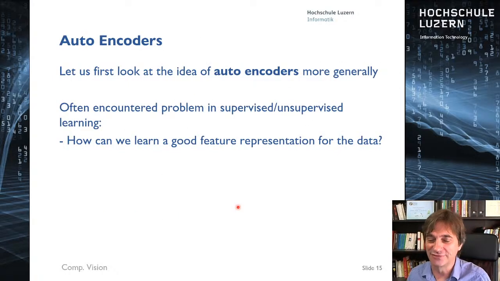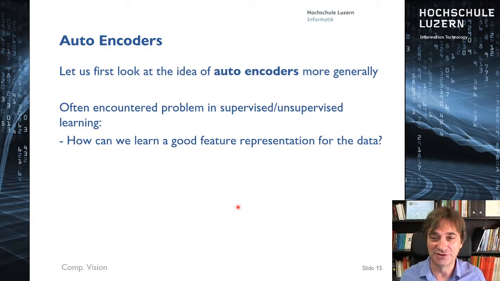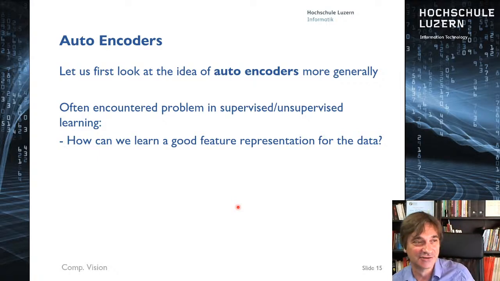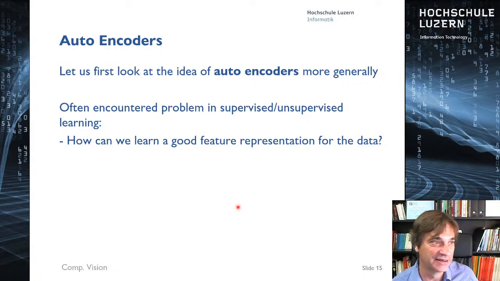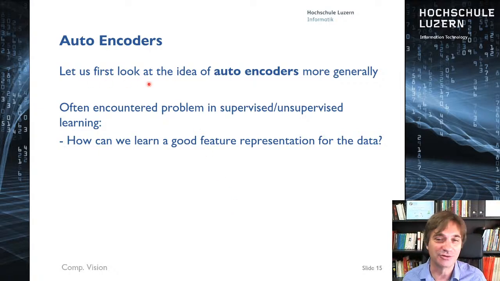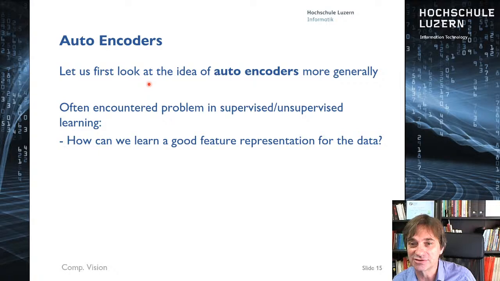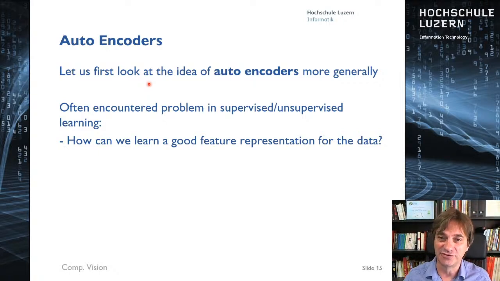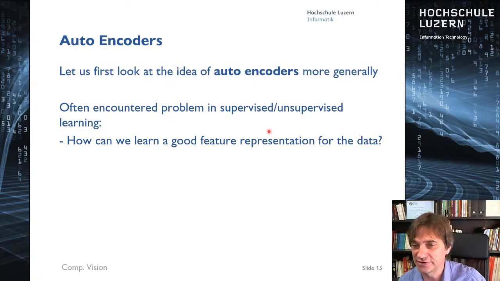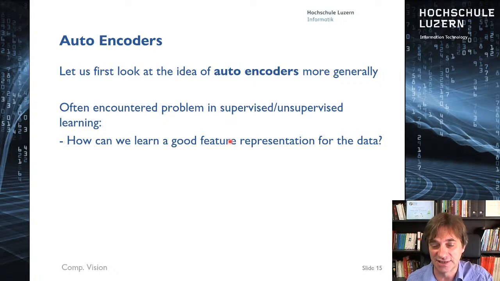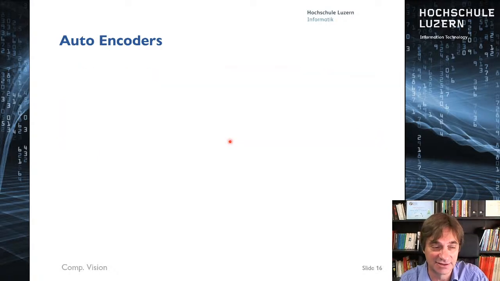But before we look at variational autoencoders, maybe we should look at autoencoders first in general. Autoencoders also come up in other topics of supervised and unsupervised learning, and it is about how to learn a good feature representation for the data, something that is lower dimensional than the original data, but captures the important information of the data here.